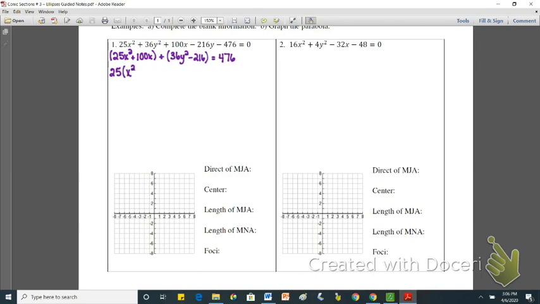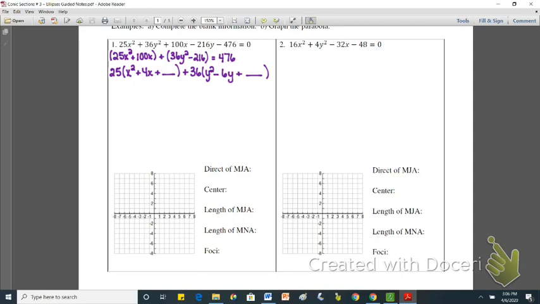That leaves me with x squared plus 4x. And I'm going to put my plus blank in there that I'm going to have to fill in later. The second one, I need to factor out a 36. So that leaves me with y squared minus 6y. Again, I'm going to add my blank in there.